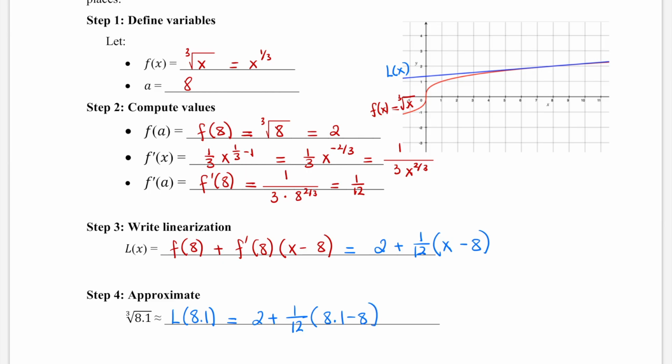So I have L of 8.1 equals 2 plus 1 over 12 times 8.1 minus 8. And 8.1 minus 8 is 0.1. And 2 plus 1 over 12 times 0.1 is 2.008333333.